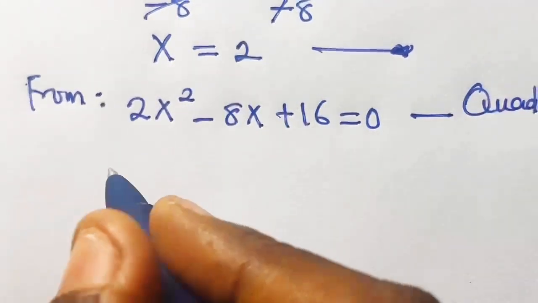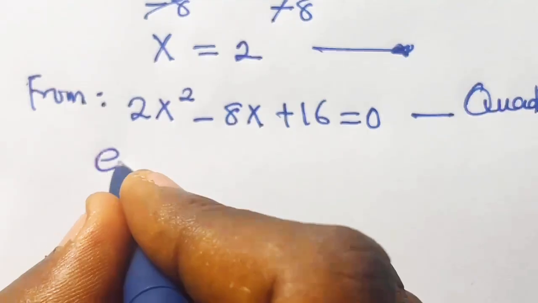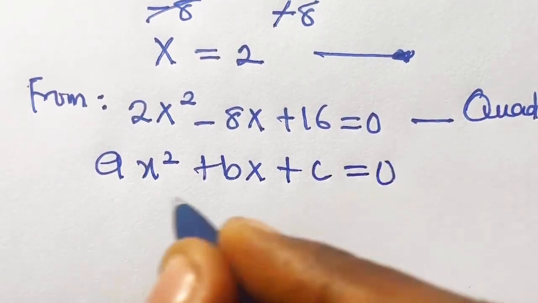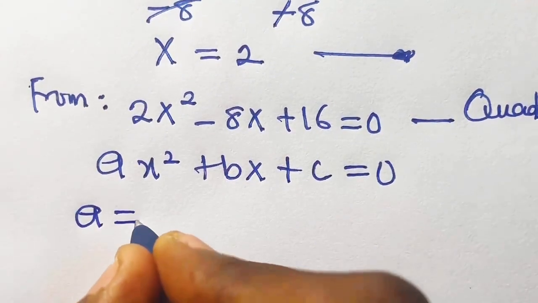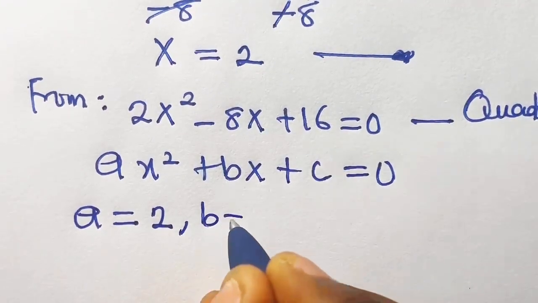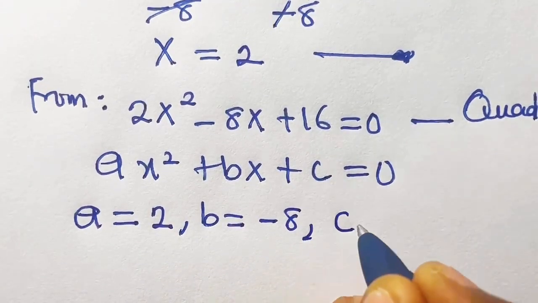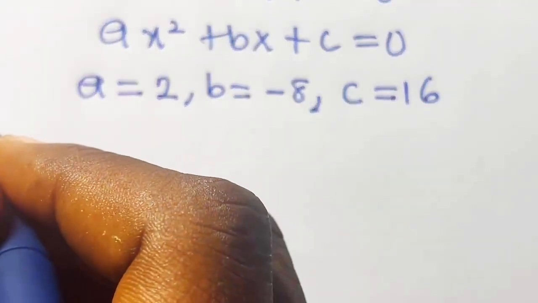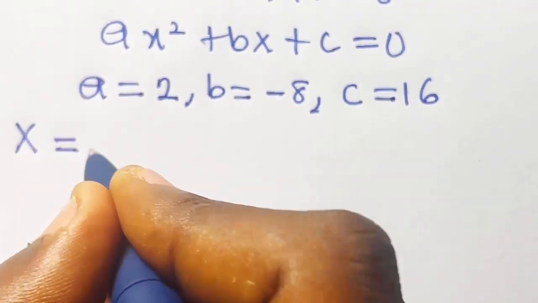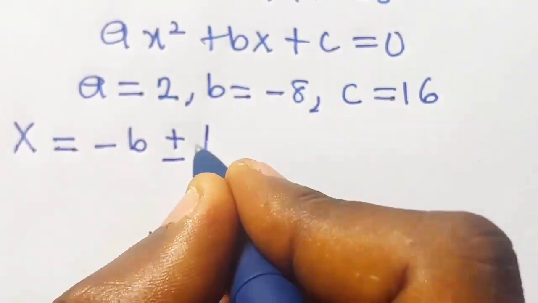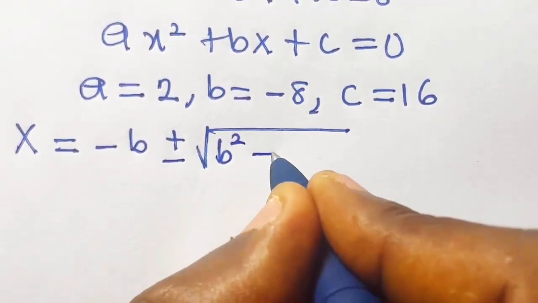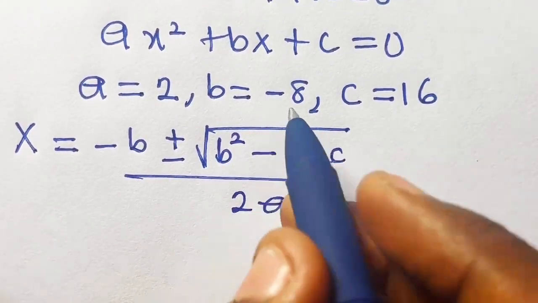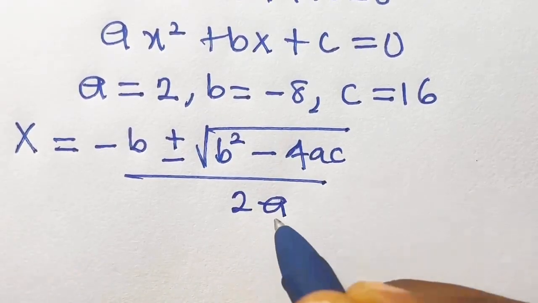By comparing it with the general expression of a quadratic equation, ax^2 + bx + c = 0, we have a, the coefficient of x^2, to be 2, b, the coefficient of x, to be −8, and c, our constant, equals 16. From the quadratic formula, x = (−b ± √(b^2 − 4ac)) / 2a.